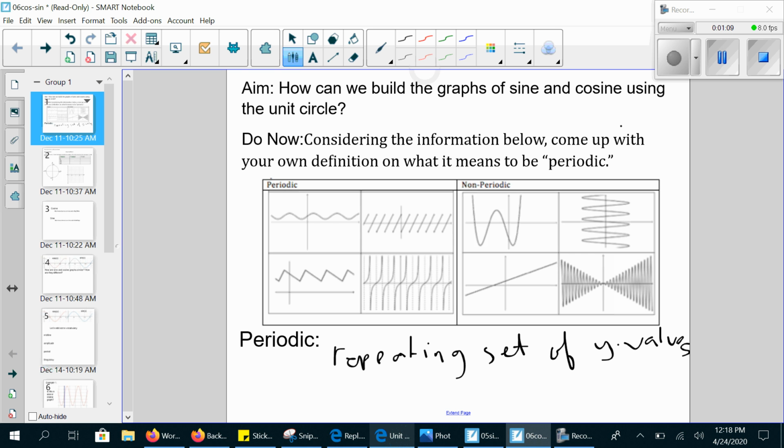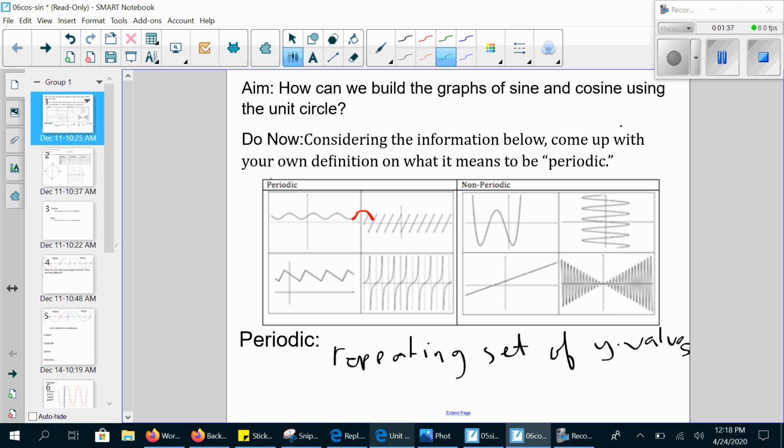So if we look at some of these periodic graphs, I can trace this graph with my finger, not very neatly because touchscreen, but that pattern of that little loop is repeating on this graph here and here and here, and is just going to repeat forever to create the shape of the graph, and that's what makes it a periodic graph.